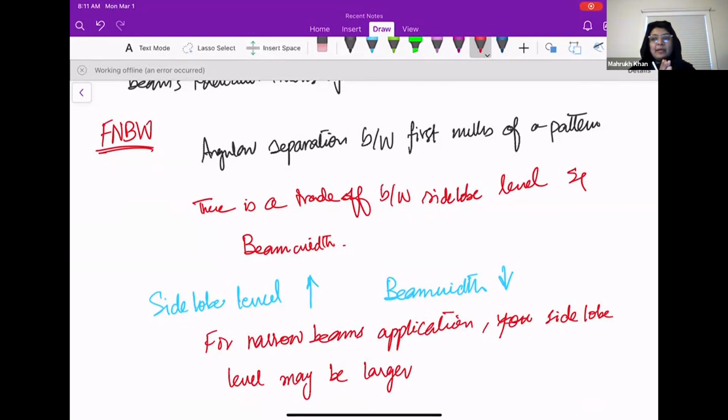If your antenna is on a radar and you are throwing a beam in the air, then if the object is within your beam, you can see it, right? But if it is not within your beam, then you cannot see that object. So the width of the beam is also important to resolve the target.